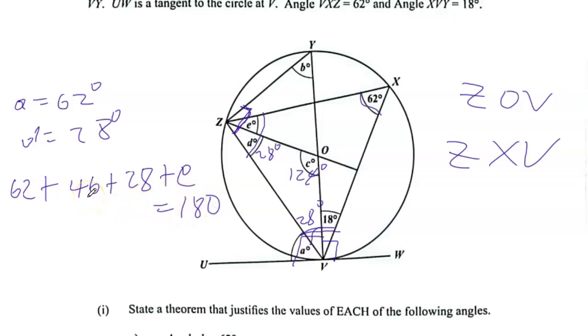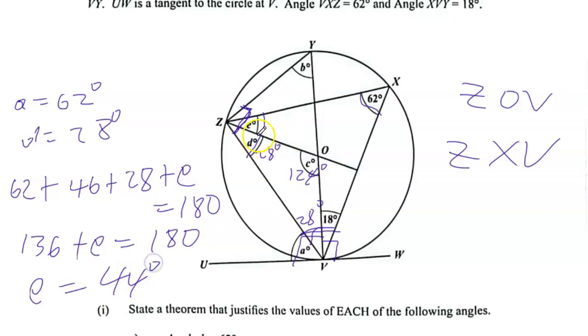If we add up all these values, 62, 46, 28, we end up with 136 plus E equals 180. And if we subtract 136 on both sides, we're left with E being equal to 44 degrees. So this angle should be 44 degrees.